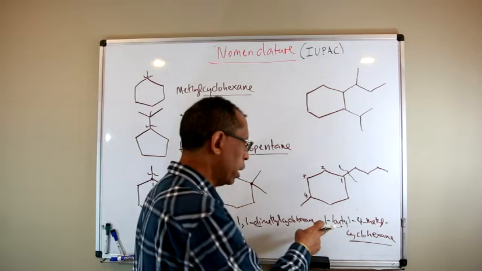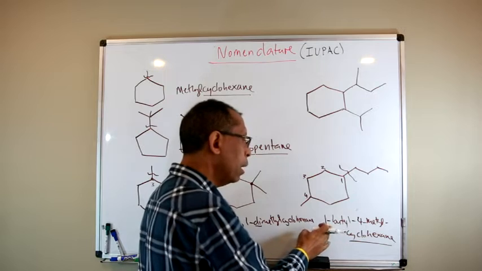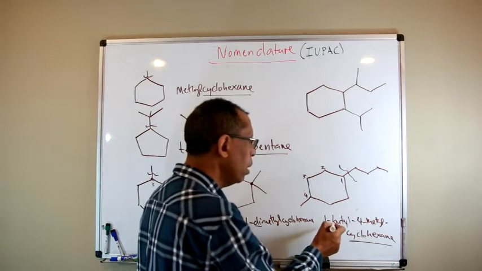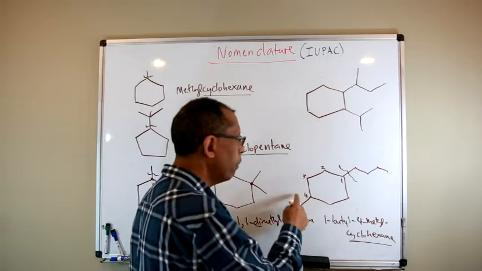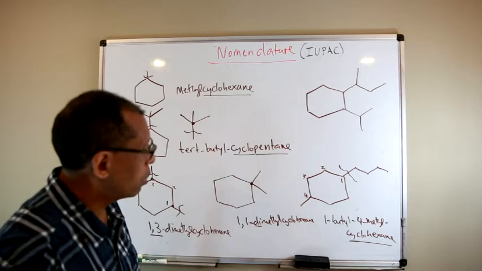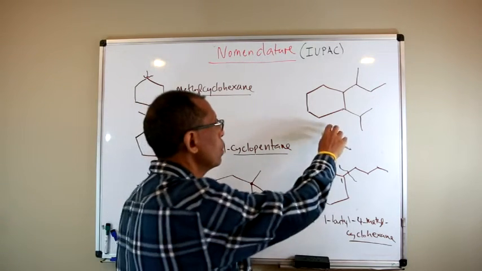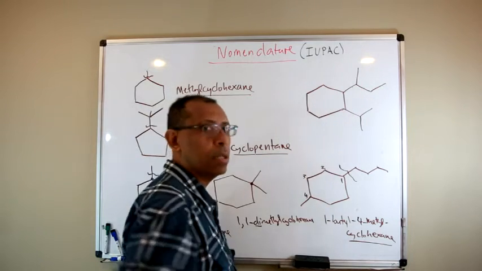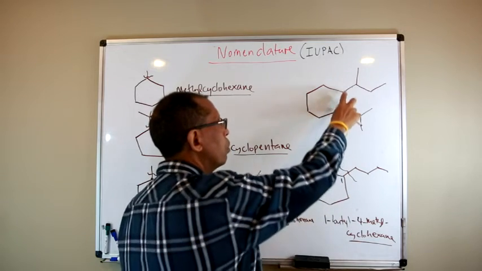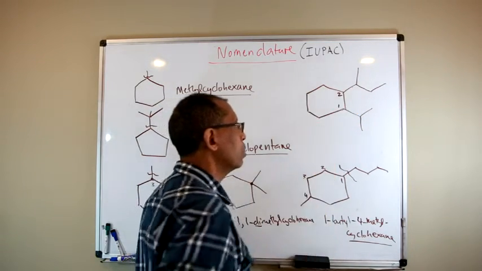Remember, you are naming it from the longest carbon chain taking precedence, as well as alphabetically when you write it out, you start with 1 butyl, 4 methyl cyclohexane. All right, so those are 2 substituents. In addition to that, if we just look at this now, we have substituents at 1 and 2 position. This is carbon number 1. This is carbon number 2.